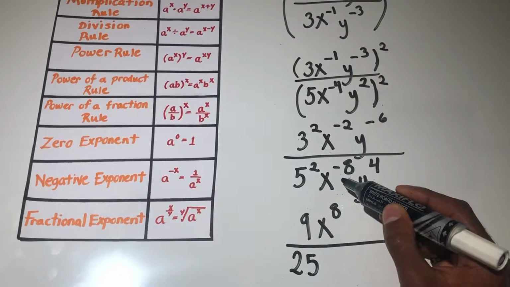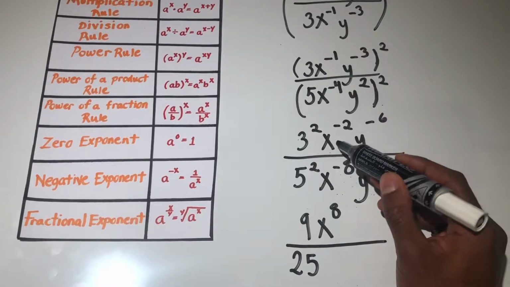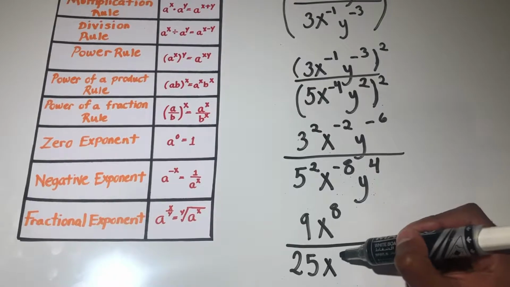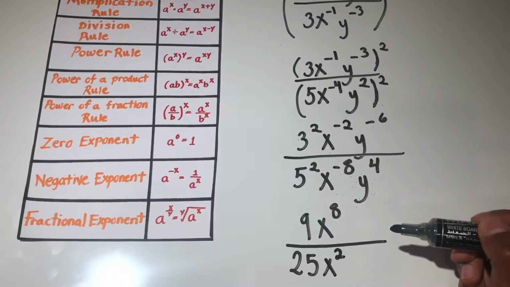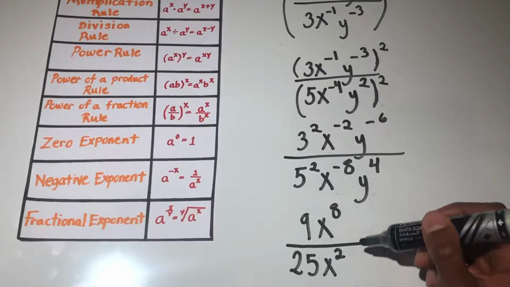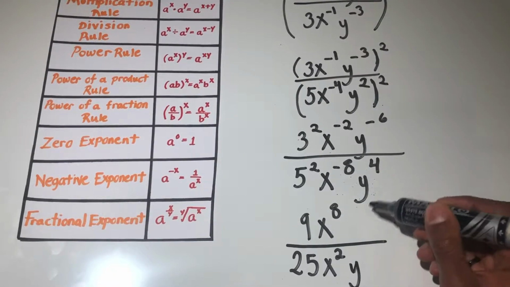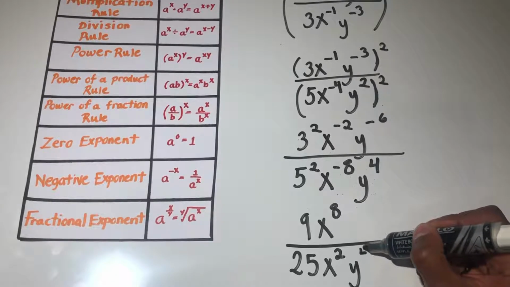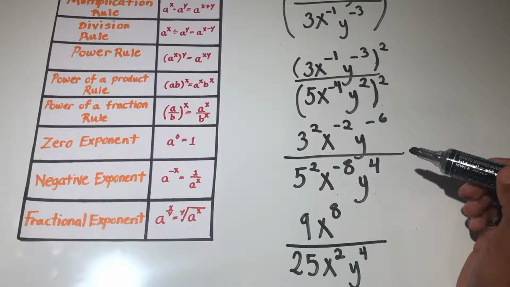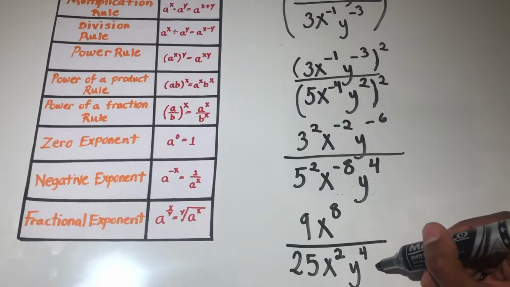The x to the power of negative 2, which was at the top, goes to the bottom, and it becomes x to the power of 2. And then y to the power of 4, we don't need to touch it since the power is already positive. But we have y to the power of negative 6, so we can move that.